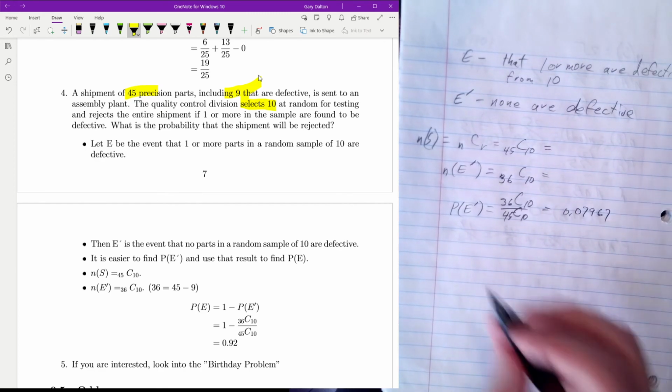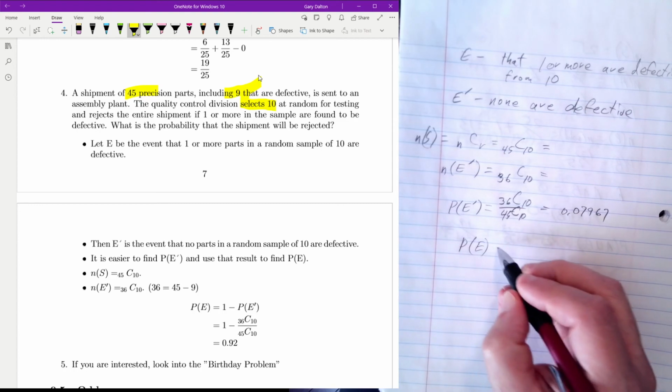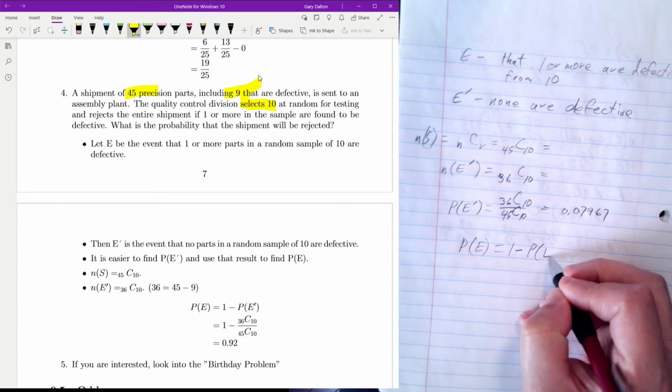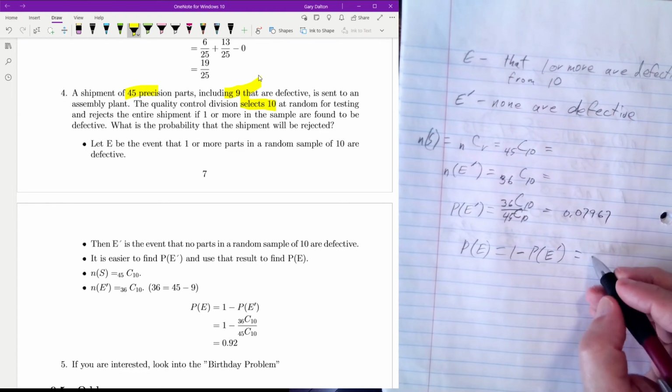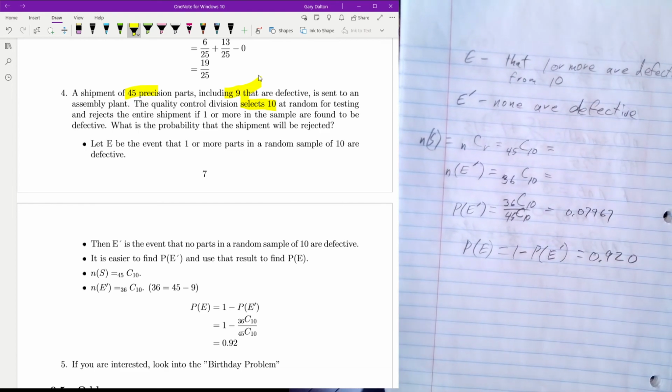Then the probability that one or more are defective is equal to 1 minus the probability that none are defective, and that equals 0.920, which is a rather high probability that at least one of them will be defective.